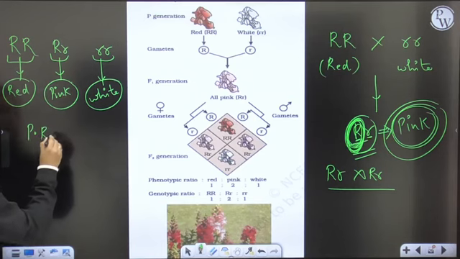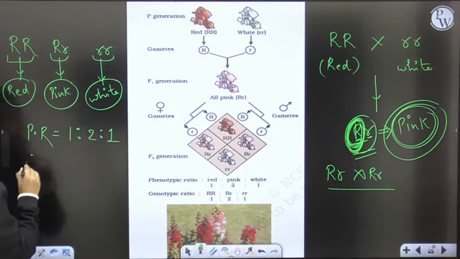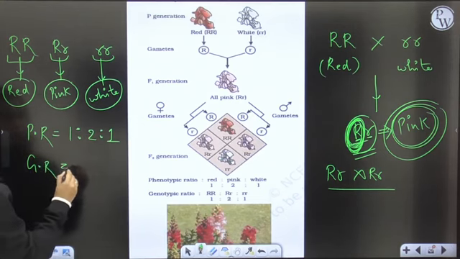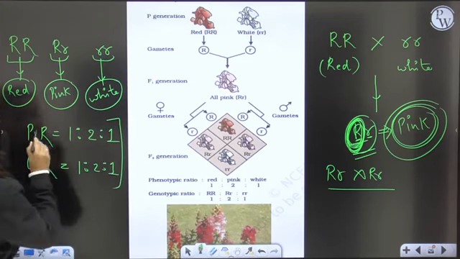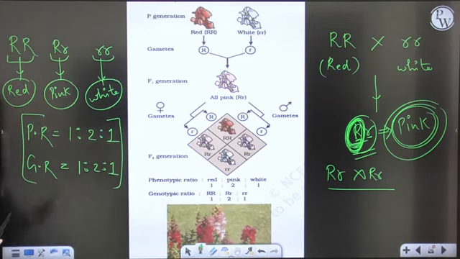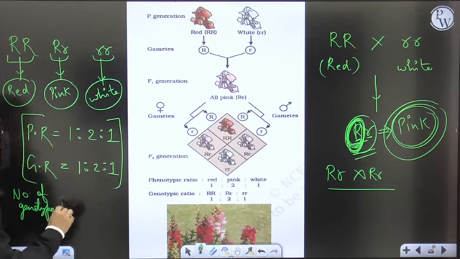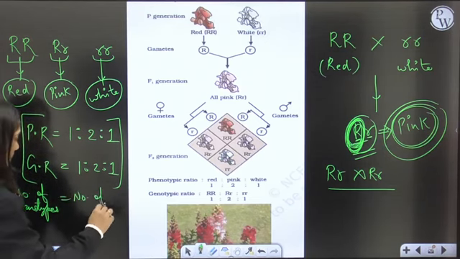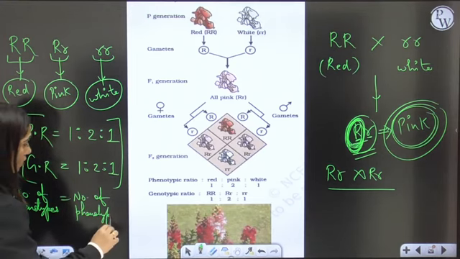The phenotypic ratio is 1:2:1, and the genotypic ratio is also 1:2:1. What you are getting? Number of genotypes equal to number of phenotypes here. So obviously there is a deviation from Mendel's monohybrid cross.